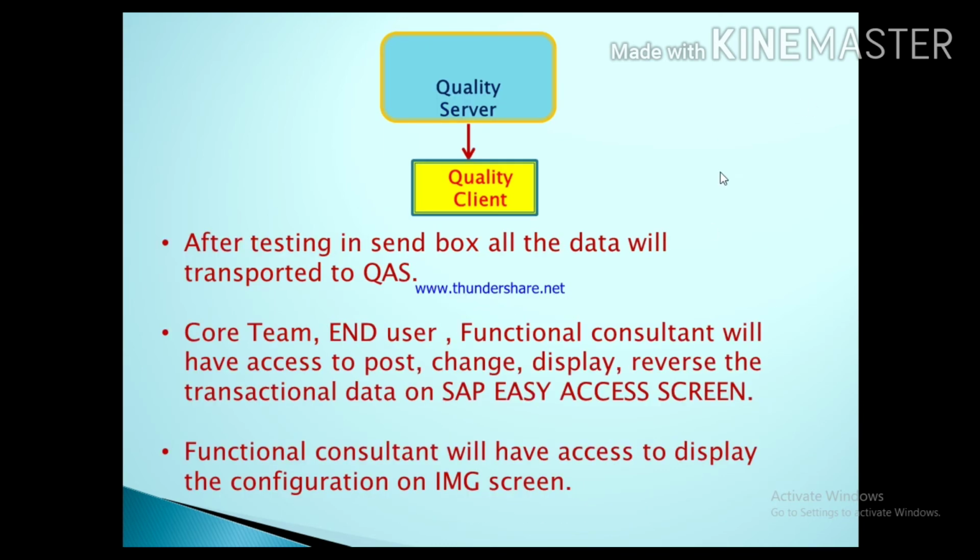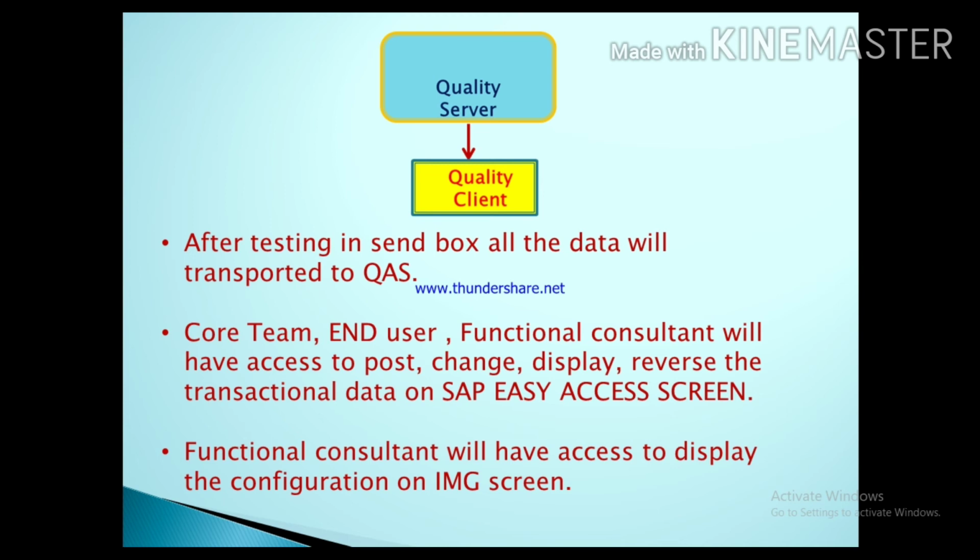In the quality server, team members and end users check the business process. Does it fulfill their business requirement? Is it as per their business process? All the users can check whether the system fulfills their requirements.